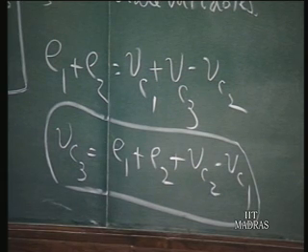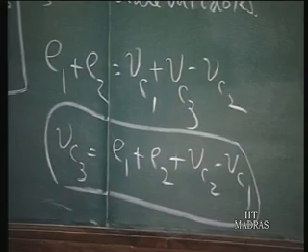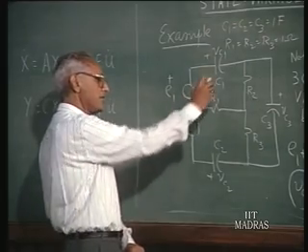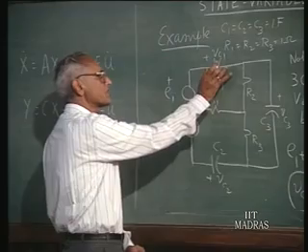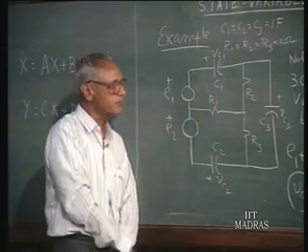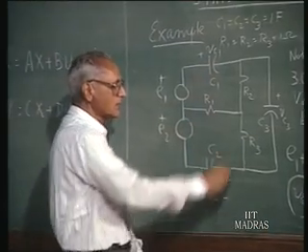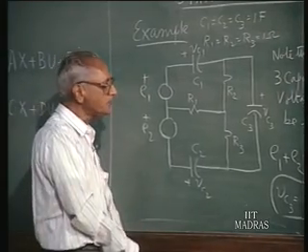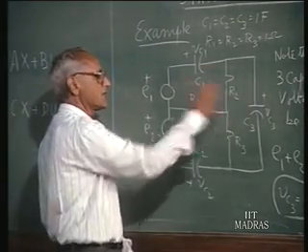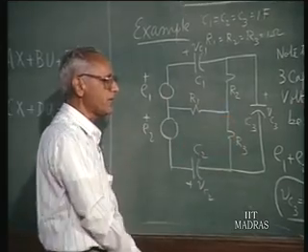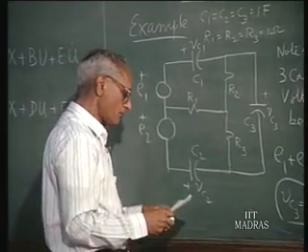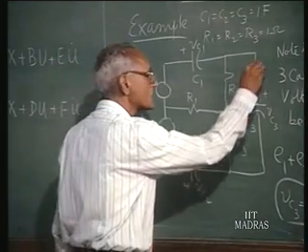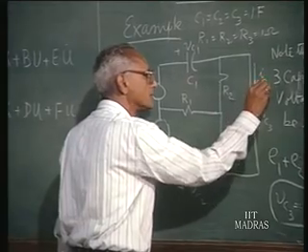To set up the state equations, we replace C1 and C2 by voltage sources of strengths Vc1 and Vc2 according to our usual method. However, this capacitor, which we will refer to as the excess capacitor because in this loop it is excess, will be replaced not by a voltage source but by a current source, IC3.